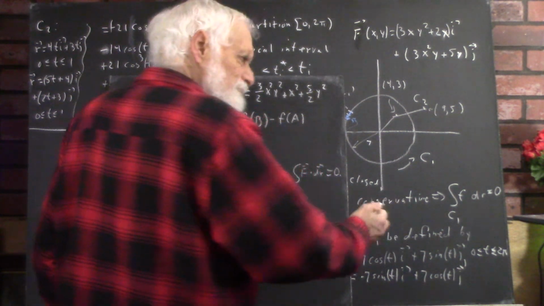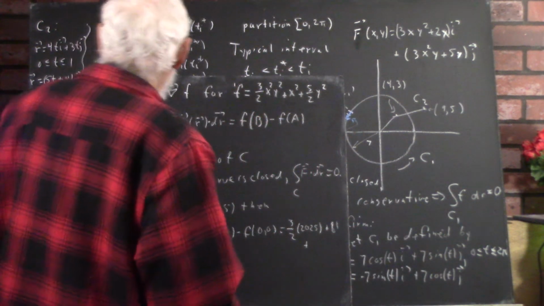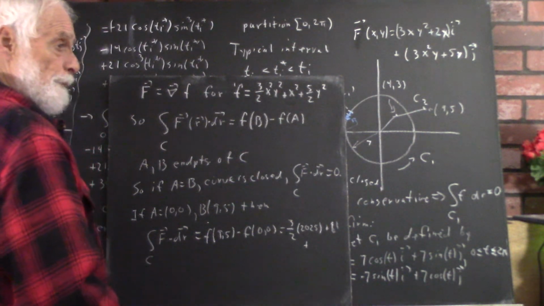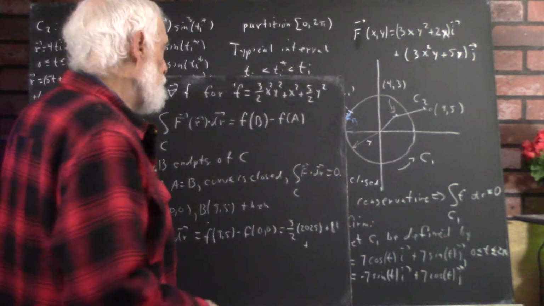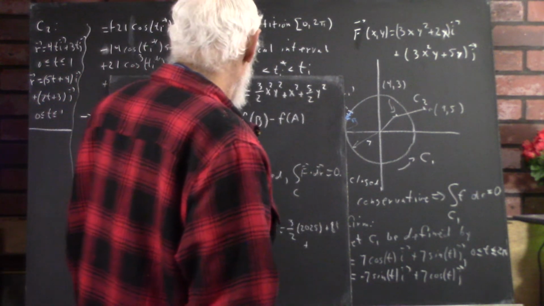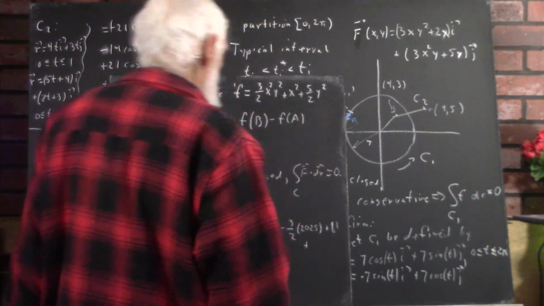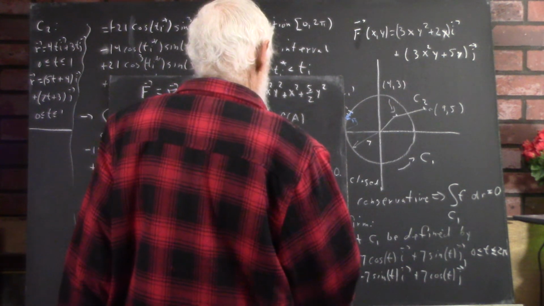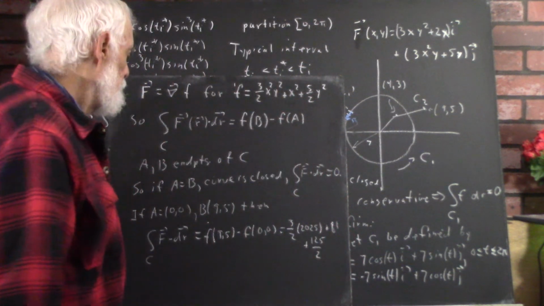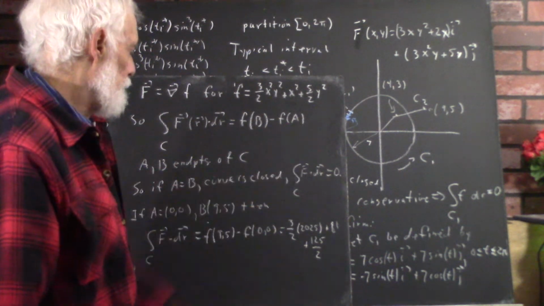And the numbers aren't really important, except that you want to do the integral here and verify that these numbers work. Also verify my arithmetic, doing this in my head. Y squared times 5 is going to be 125, so that's going to be 125 halves. Okay. And you can work out the numbers there.